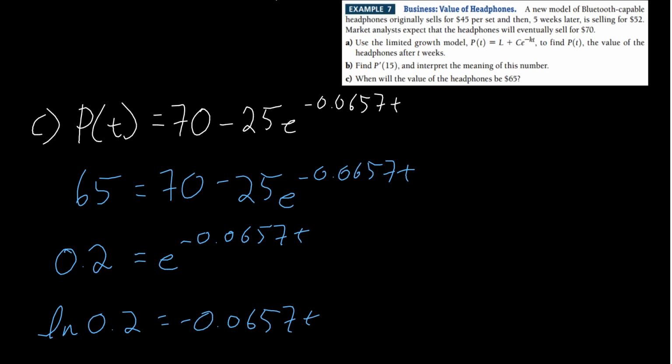0.0657t. And then we're going to divide both sides by negative 0.0657, so we end up with t is equal to the natural log of 0.2 divided by negative 0.0657.